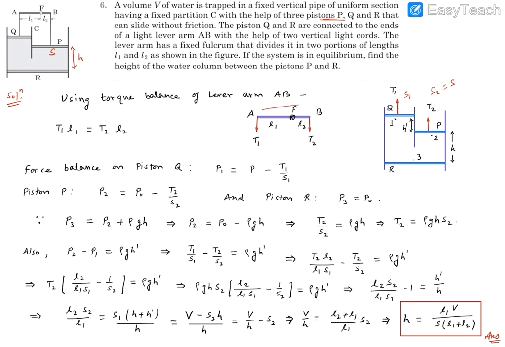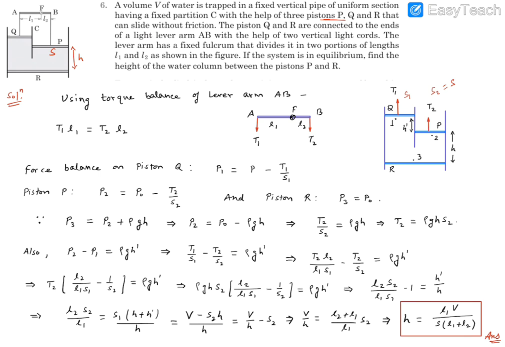Moreover, there's this lever arm in which T1 acts downward and T2 acts downward, and it is in horizontal equilibrium. That means torque must be balanced about the point F. So we can write the torque equation T1 L1 must be equal to T2 L2. T1 and T2 are perpendicular to the lever arm, so the torque could be written like this. That's one simple equation we can write immediately.